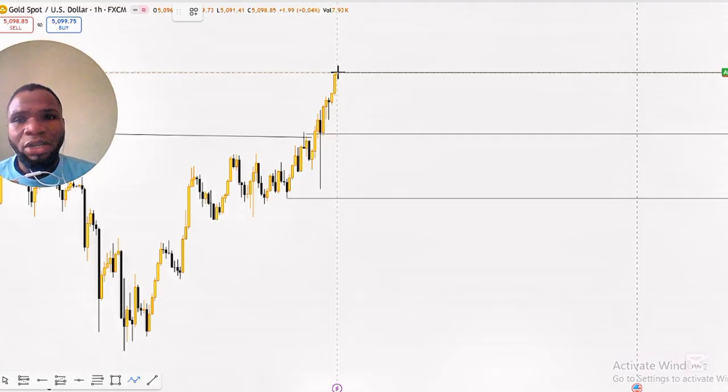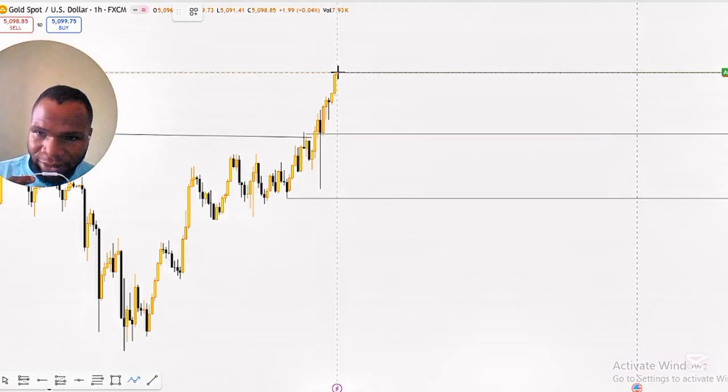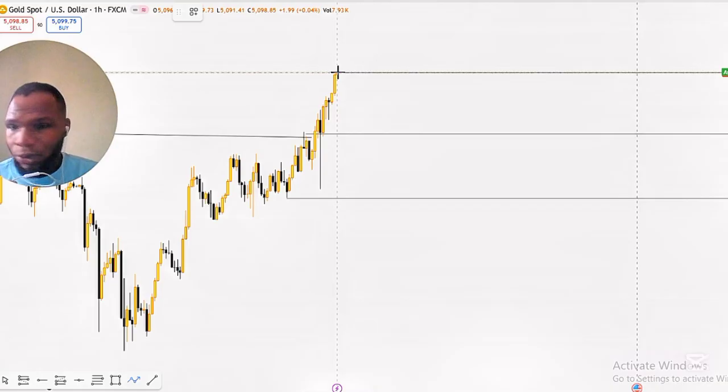It's all about probability. Probability means if and if and if. If market does Y, you have to do Z. If market does A, you have to do this. If A plus A plus A plus A plus C is equal to this, then you do this. That's what market is all about. Not you telling the market what to do. You react based on what you are seeing in the market.